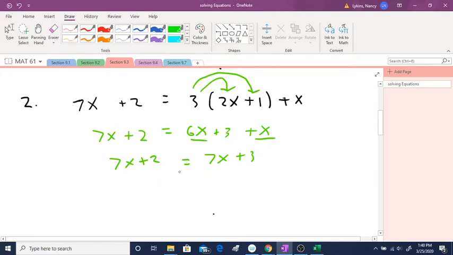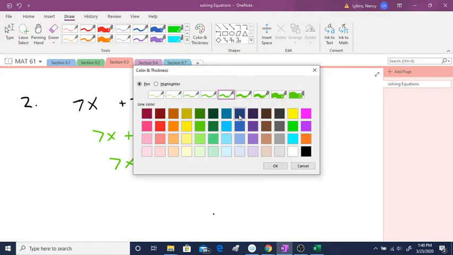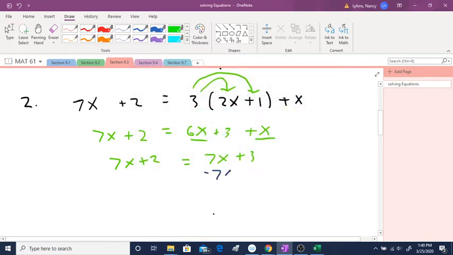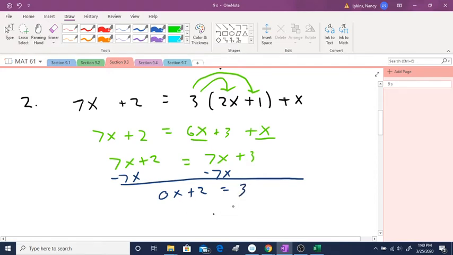And then I'm going to subtract my 7x on both sides. I get 0x plus 2 equals 3. So that means subtract 2 on both sides. 0x equals 1.